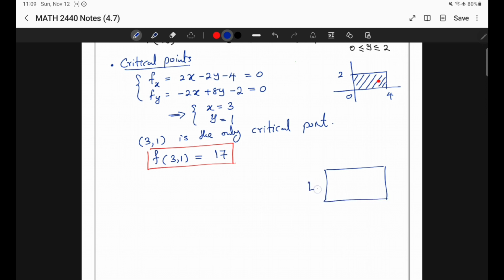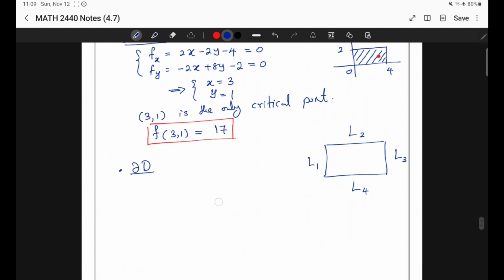Let's say this is L1, this line segment, L2, L3, and L4. So what I'm going to do is parameterize each of these lines and then try to find the function values.